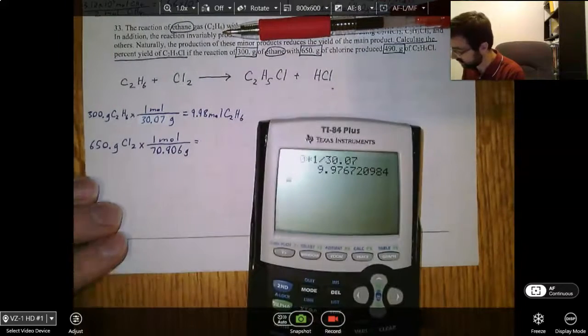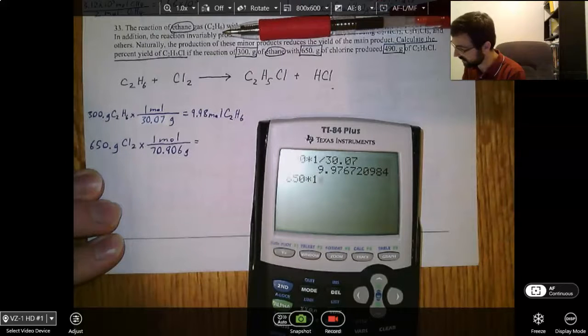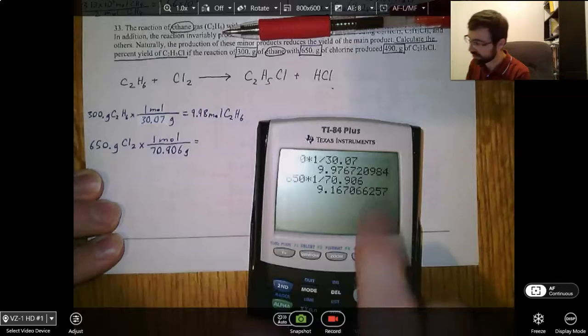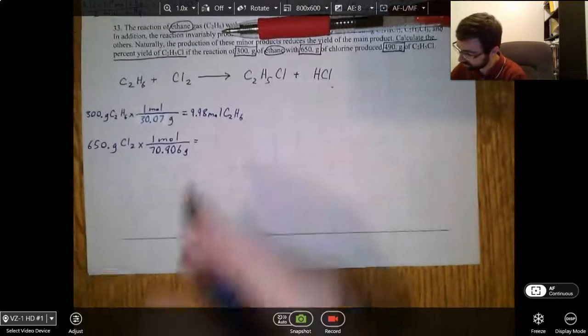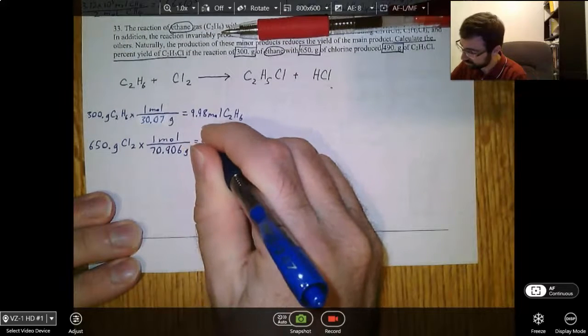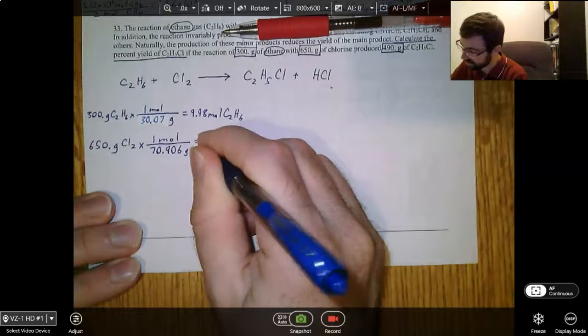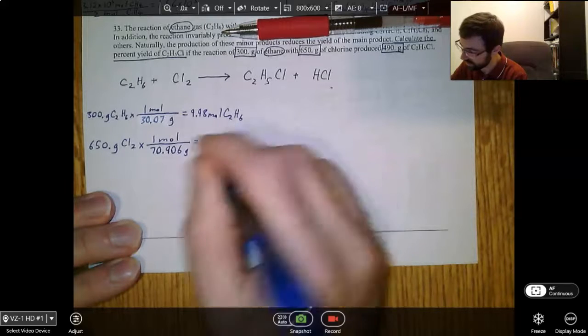And we've got Cl2, 650 times 1 over 70.906, 9.17. 9.17 moles of Cl2.